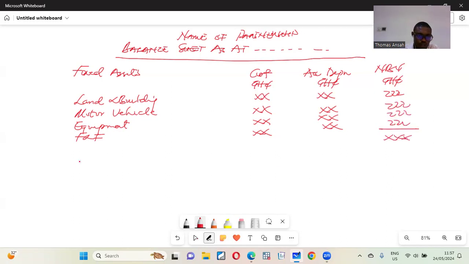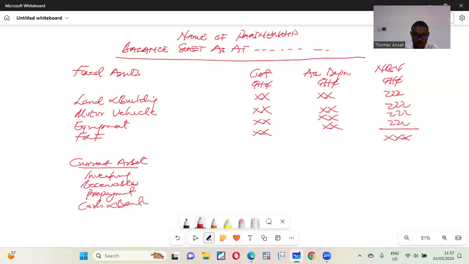Then you come to what? Current assets. All right, so current assets, what do you remember? Inventory, right? Closing inventory. Then receivables. All right, then any prepayments. Then what? Cash and bank.